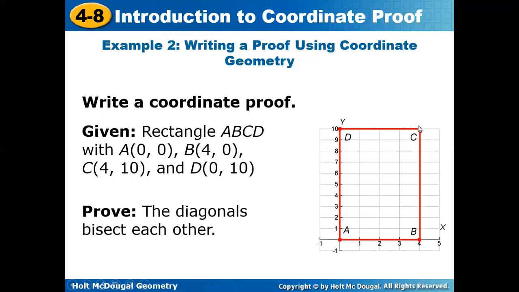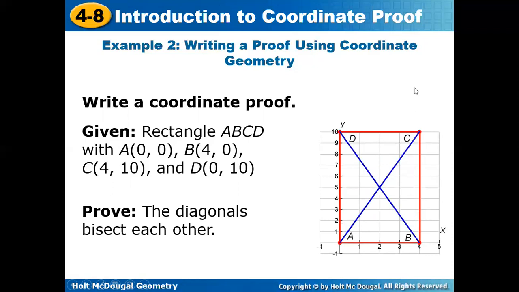Prove that the two diagonals bisect each other. So we draw the two diagonals now. What is the meaning of diagonals bisect each other? It means this point is the midpoint of each of the two diagonals.